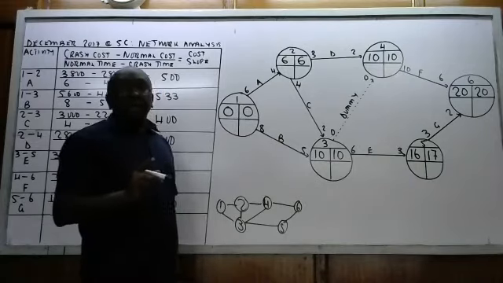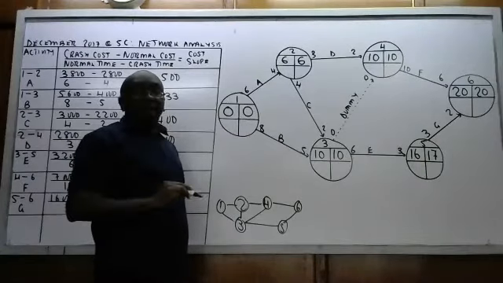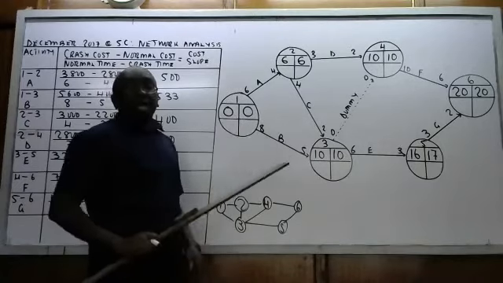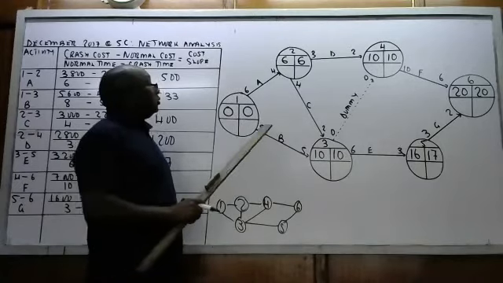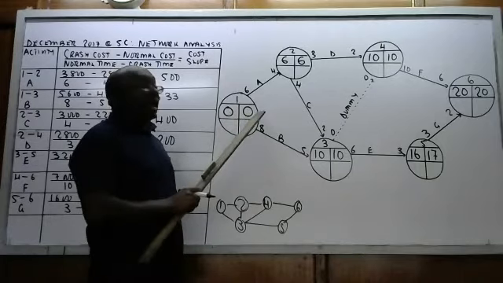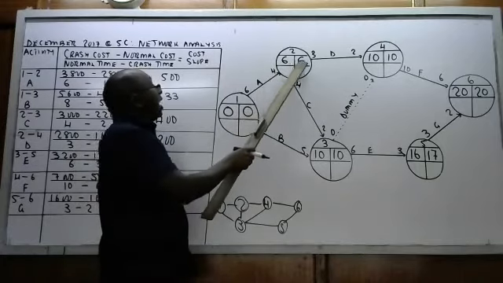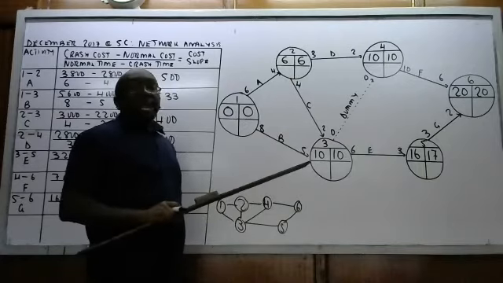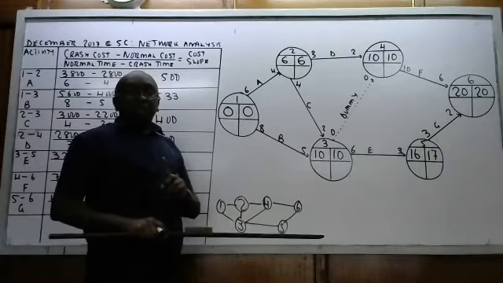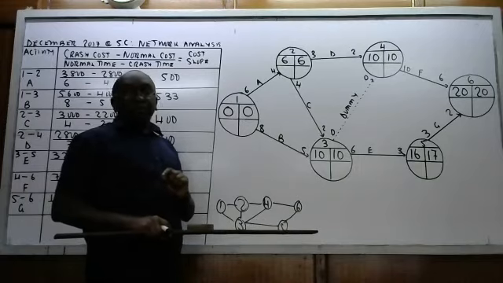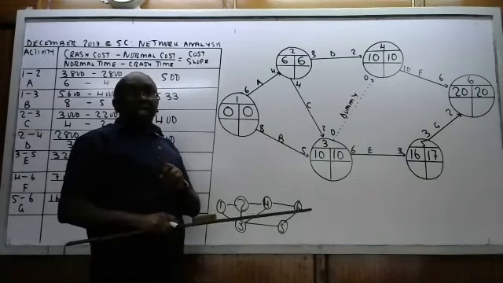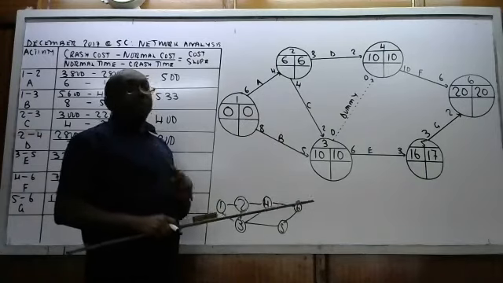So the critical part, I told you, you check whether the times are equal. So you can see A satisfies, these are equal, and even B. So there is a possibility that both of them are critical. That is A and B. But before you say they are critical, you need to confirm this.